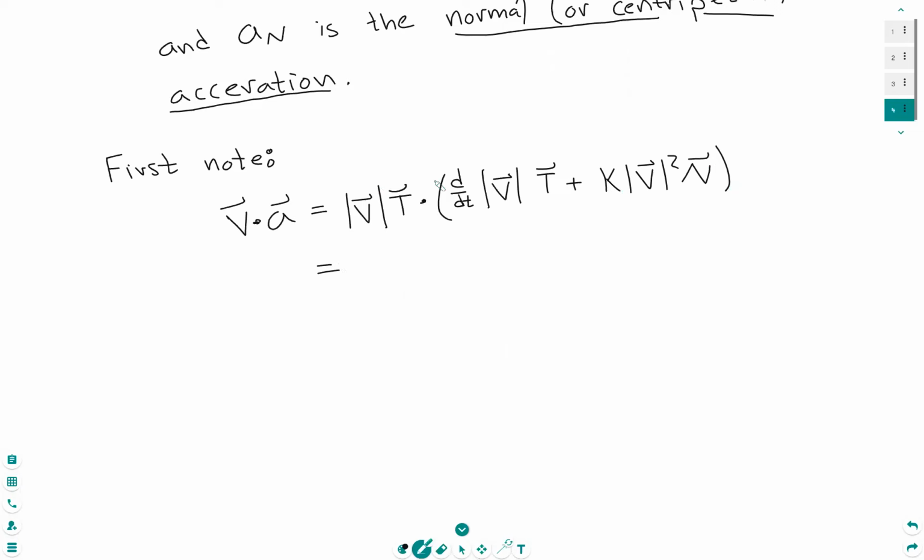Notice that these only share one common direction, this T. If I dot it, this component's not going to show up at all, because these are not in the same direction. So we'll get v times the derivative of the magnitude of v.